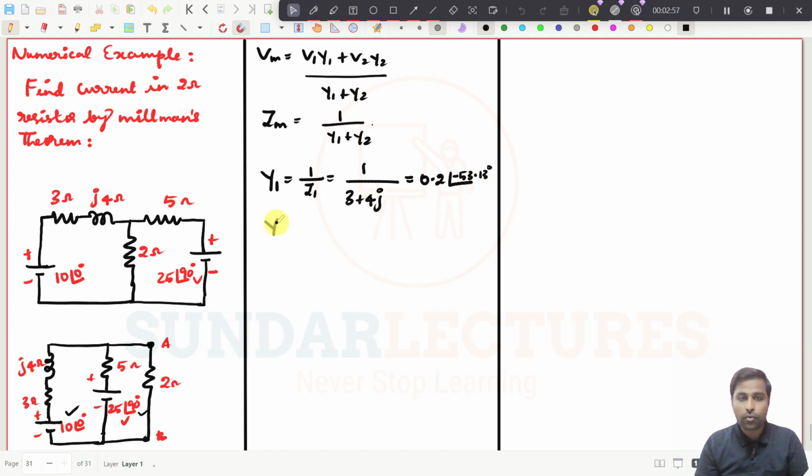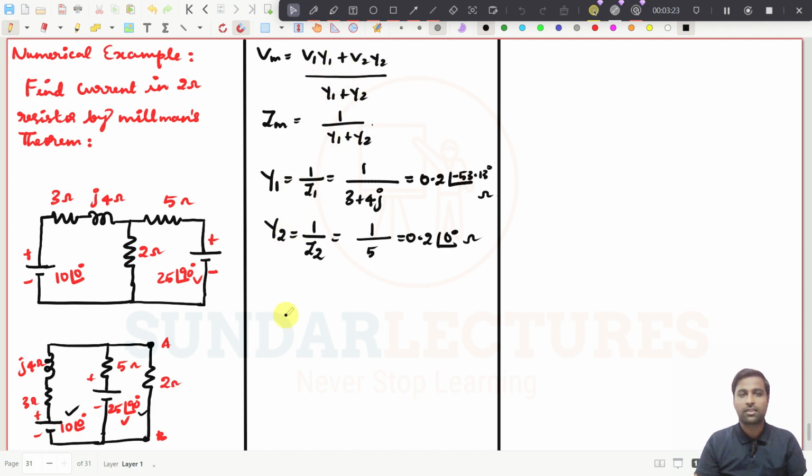And for y2, y2 should be equal to 1 by Z2. So you just write it down anyhow: this is V1, this is Z1, this is V2, this is Z2. So it will be 1 by 5, and if you simplify this, it will be 0.2 at an angle of 0 degree ohms, right? This is also ohms. So we have found y1 and y2.